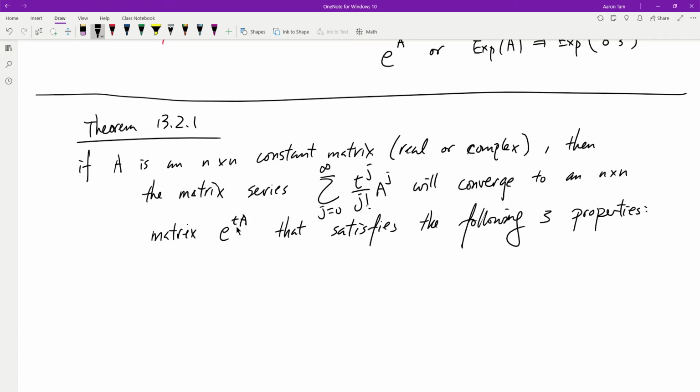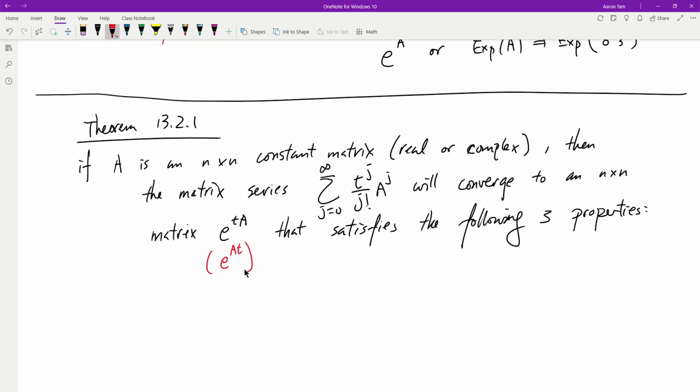The t is basically what the variable is, and then A is basically what the coefficient matrix is. In this case, I can put t times A because t is a scalar, so it can be multiplied in front or after. You could write this as e to the At if you want.